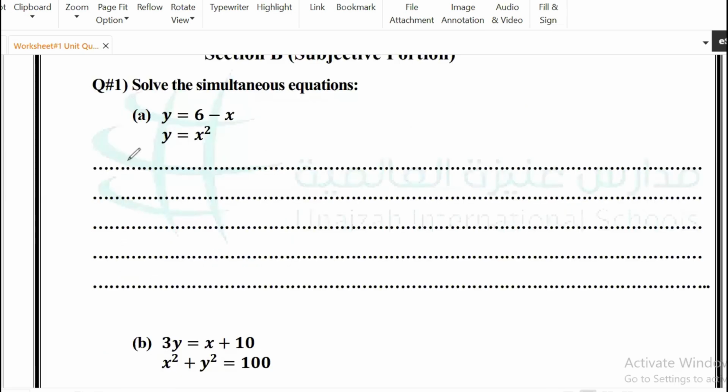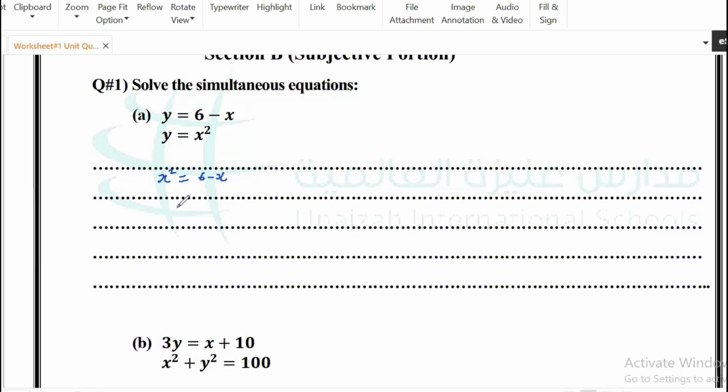Next, we have questions, short and long questions. So here we have two simultaneous equations, solve the simultaneous equations, and one is linear, one is non-linear. So when we have such type of conditions, how to figure it out? We already have the left hand side the same, so straight away we can compare the right sides. It means we have x square is equal to 6 minus x.